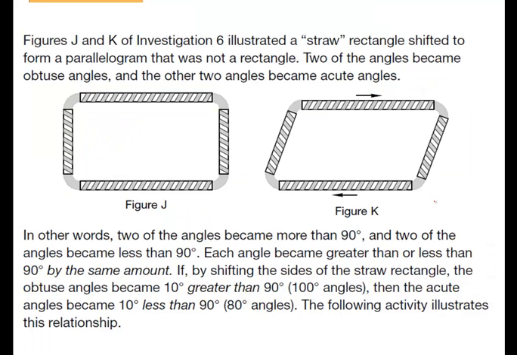Let's take a look at another one. We did this in investigation 6, where we took a rectangle and tilted it a little bit. What that did was take these 90-degree angles and make this one more than 90 and this one less than 90. But still, all four of these are going to add up to 360 because it's 90 times 4.